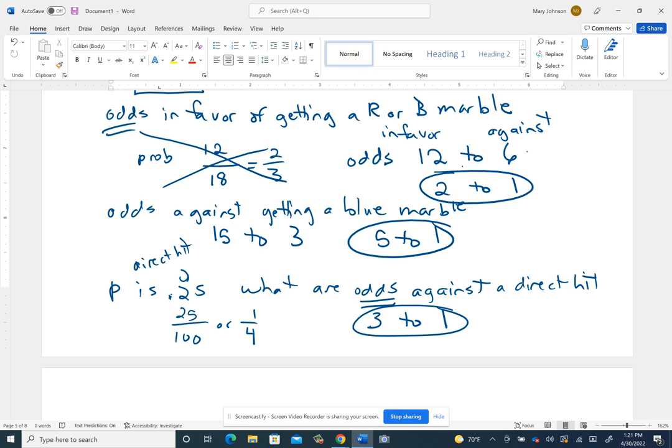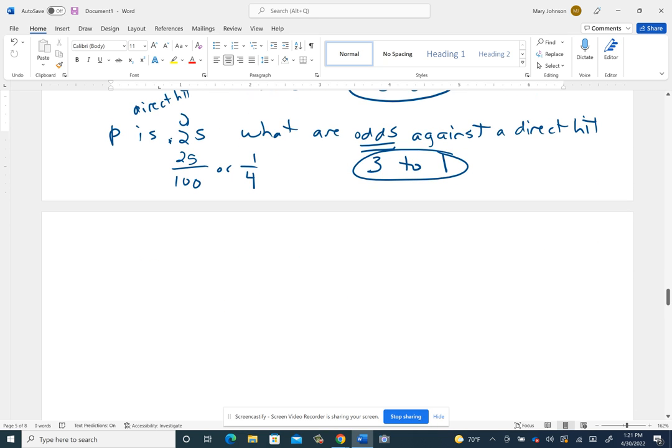All right. So then it talks about the other thing that was on the test that you need to know, which is expected value. So let's look at expected value problems.